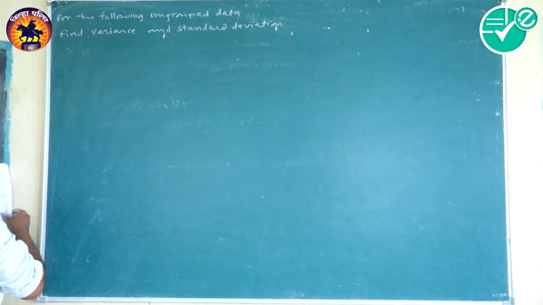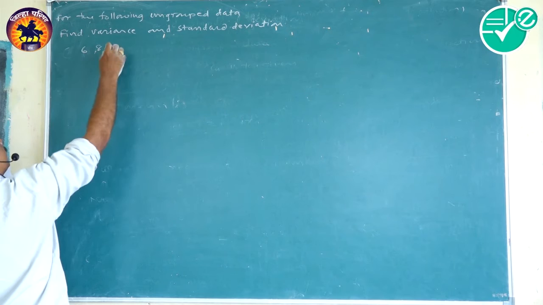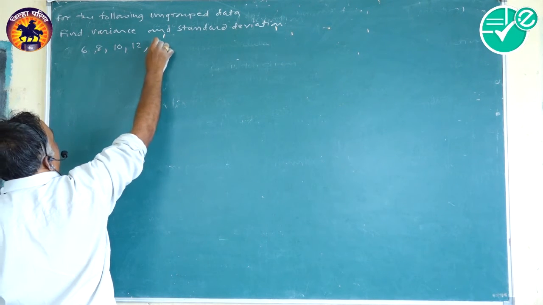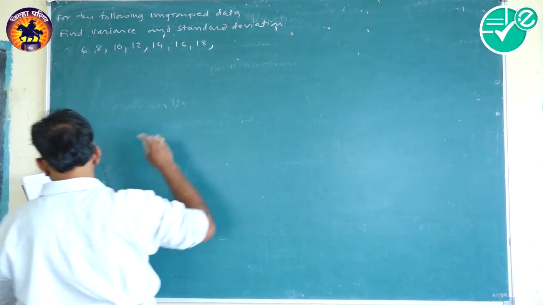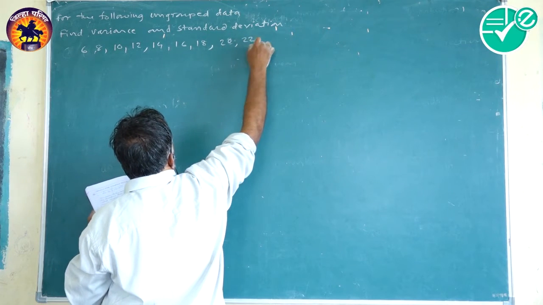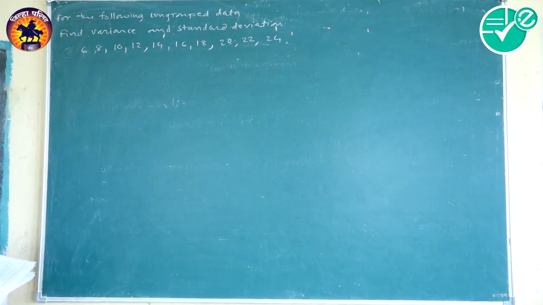The given data is 6, 8, 10, 12, 14, 16, 18, 20, 22, 24. This is the given data. You have to find the variance as well as the standard deviation.